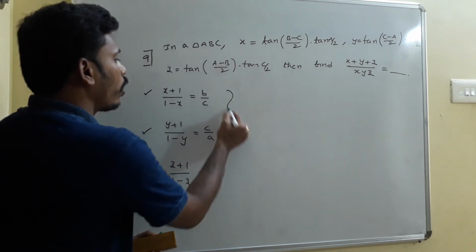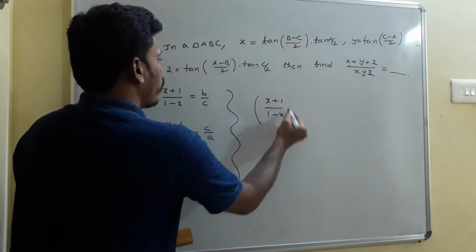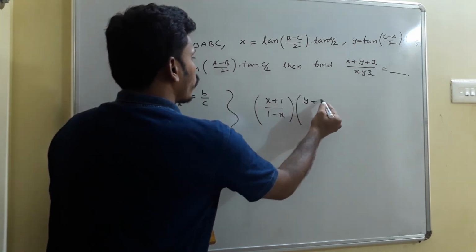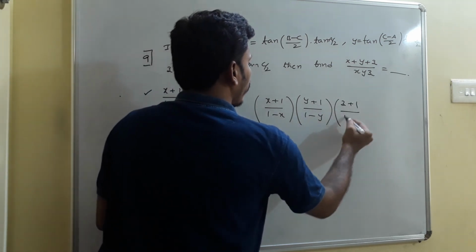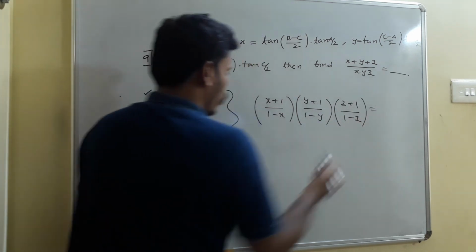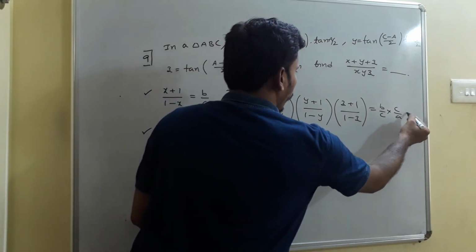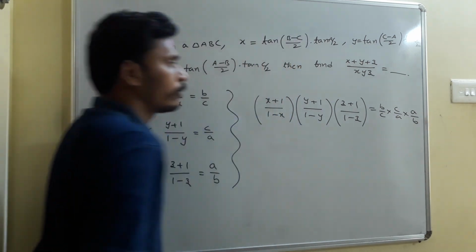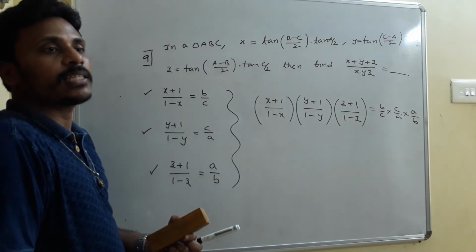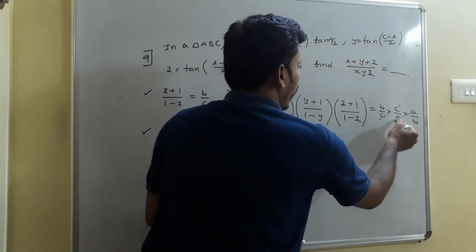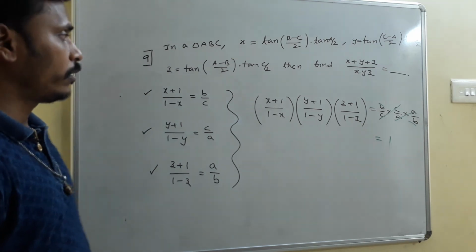If you multiply all these three, what will happen? (x plus 1) by (1 minus x) into (y plus 1) by (1 minus y) into (z plus 1) by (1 minus z) is equal to b by c into c by a into a by b. Now b gets cancelled, c gets cancelled, a gets cancelled. You are left with 1. Very tricky actually, you need to memorize it.